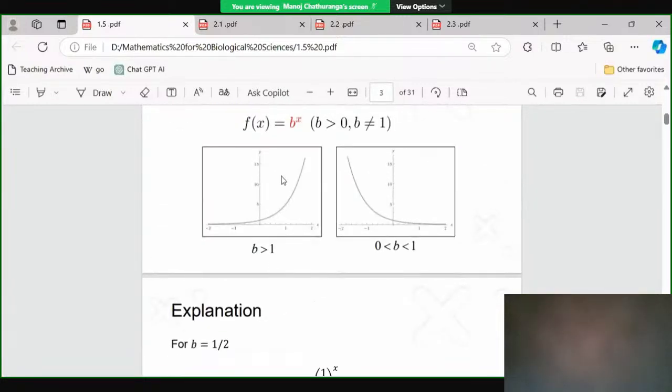Now, if you go back to the picture, this graph has some interesting properties. The y-intercept happens right over here. At the y-intercept, the x value is 0. If the x value is 0, the y value is always 1.